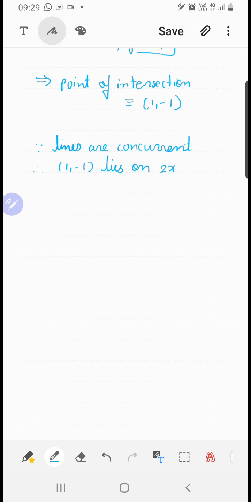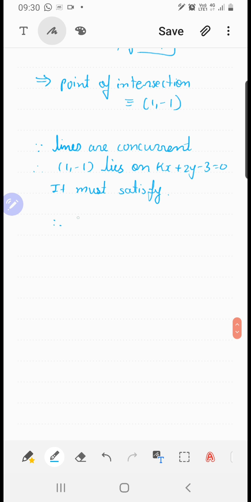Sorry, we take the equation which involves k. So it lies on kx plus 2y minus 3 equal to 0, and therefore it must satisfy.